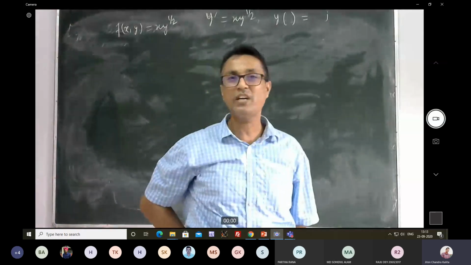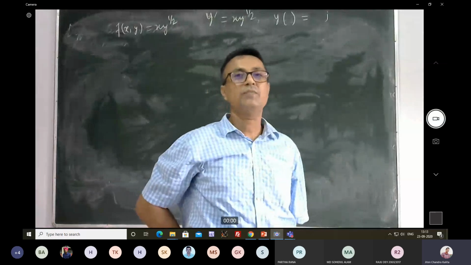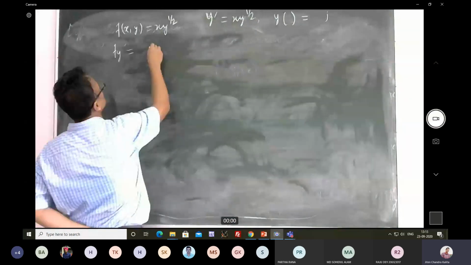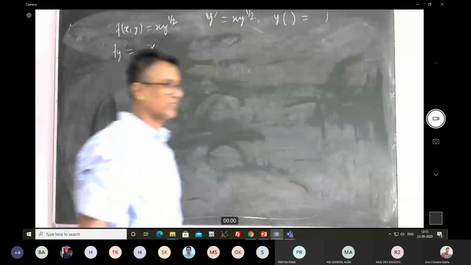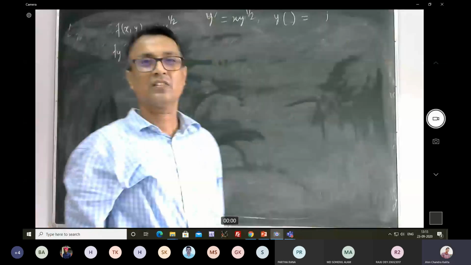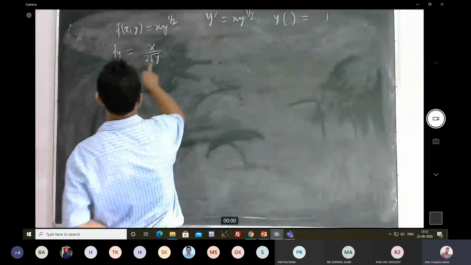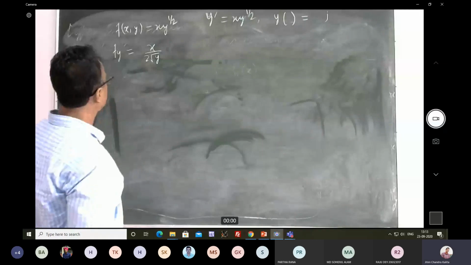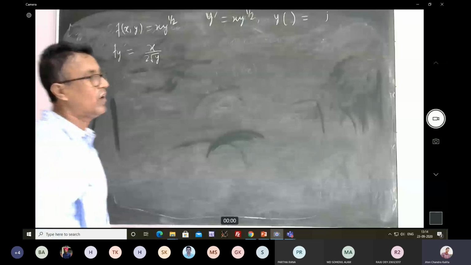Then if you take its derivative with respect to y, that makes it not continuous in any region where y equal to 0 belongs.